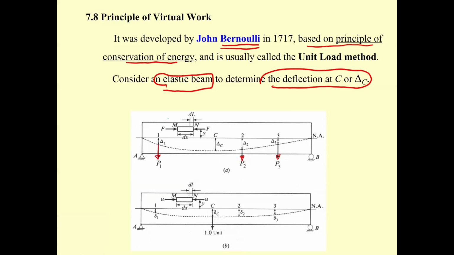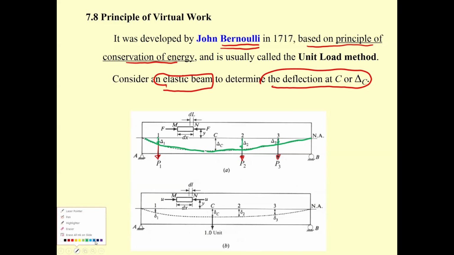Now, the beam has this kind of elastic deformation, and based on it, there are deflections delta 1, delta 2, delta 3 occurring at the loading points.